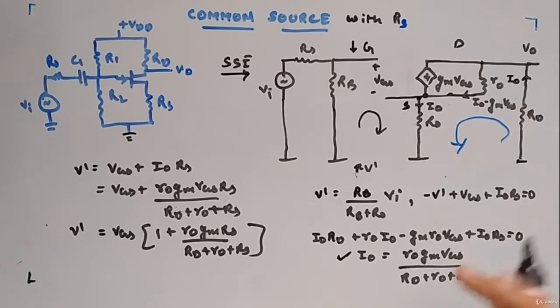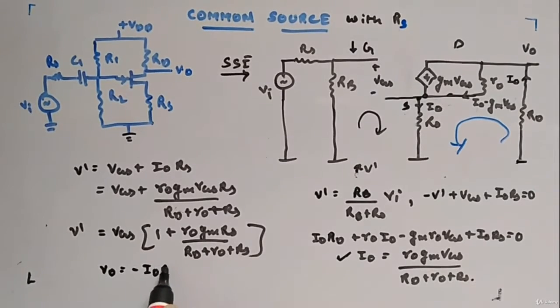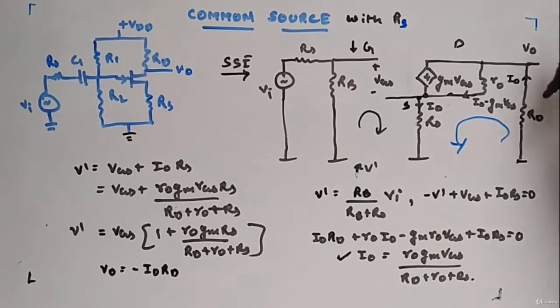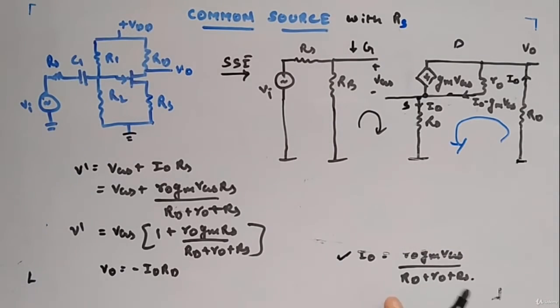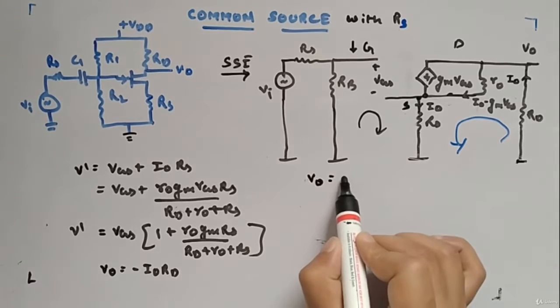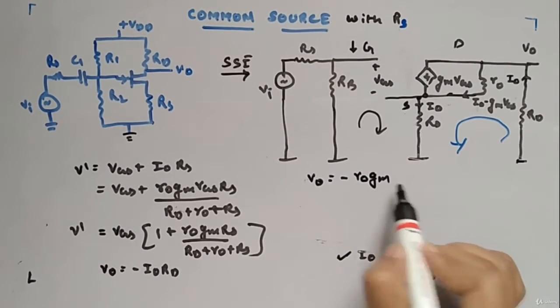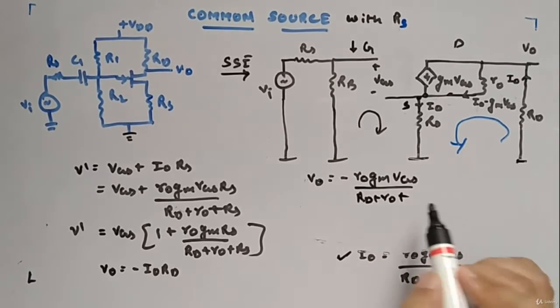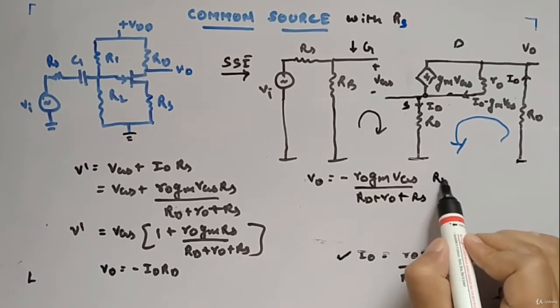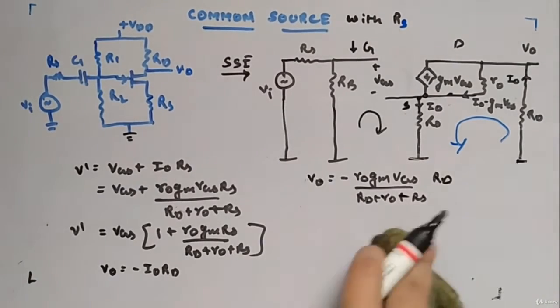Now we can see V naught is minus I naught RD, minus because the current I am assuming is in this direction. If you plug the value of I naught here as well, you will get V naught. So let's do that. I'll plug this I naught here. V naught will be equal to minus R naught GM VGS divided by RD plus R naught plus RS, times RD.